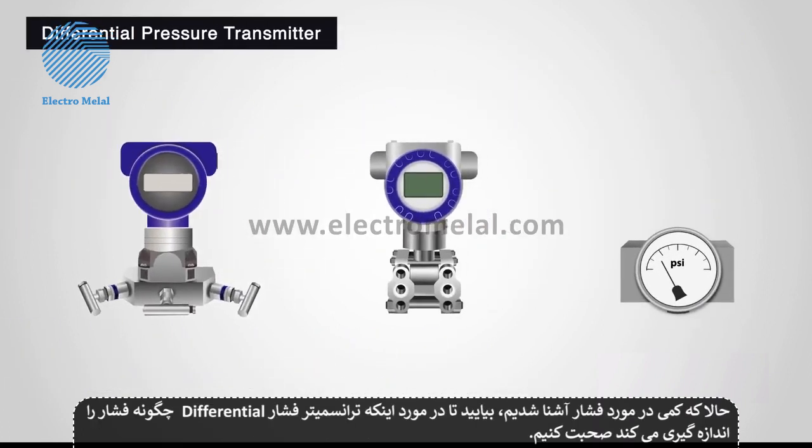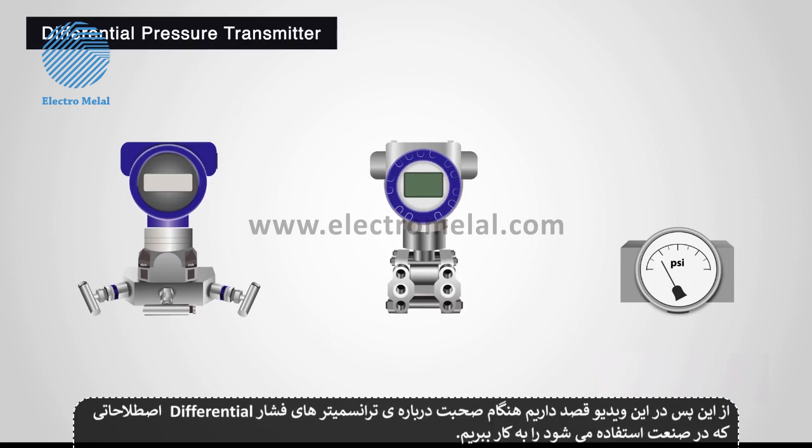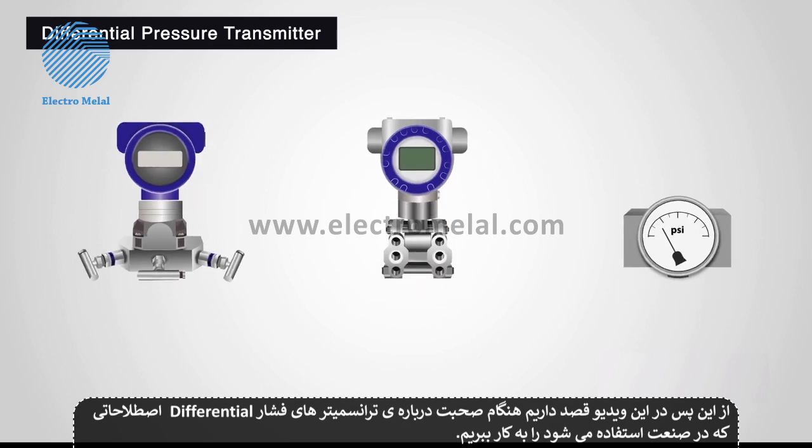Now that we know a little bit about pressure, let's discuss how a differential pressure transmitter actually measures pressure and tells us what the pressure is. From now on in this lesson, we are going to use the terminology that is utilized in the industry when we talk about differential pressure transmitters.